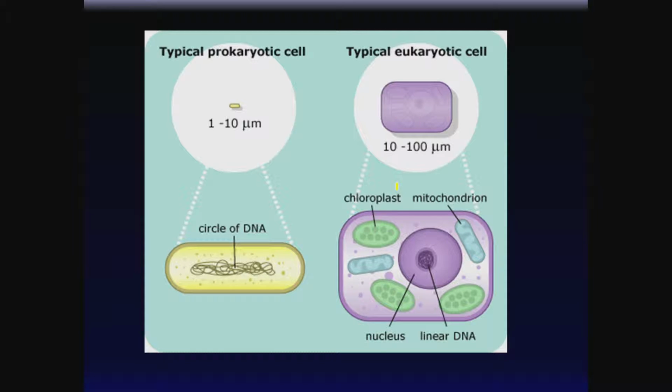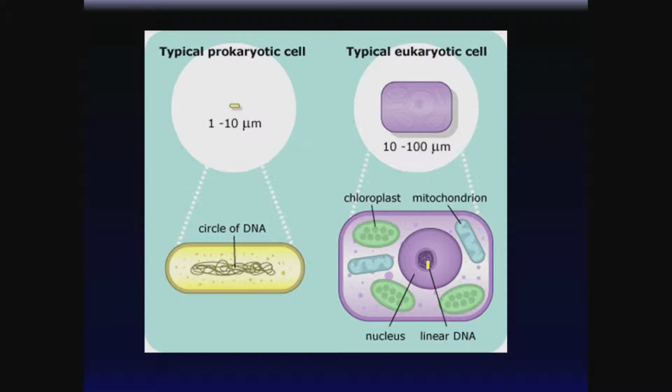Prokaryotic cells' DNA, their genetic material, is kind of like spaghetti inside the soup of the cell, and it's a circular DNA. It's like a big giant circular DNA which is kind of spaghettied and can roll in the cell. Whereas in eukaryotes, the DNA is within the nucleus, which is a membrane-bound organelle. It has a membrane, and the DNA is linear in shape.